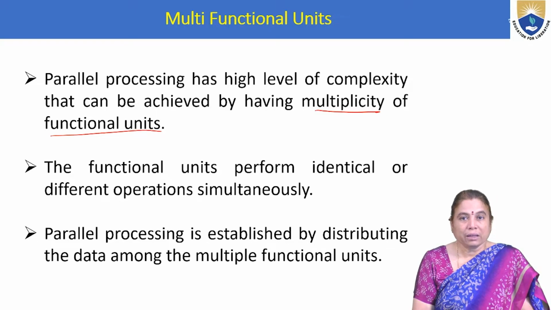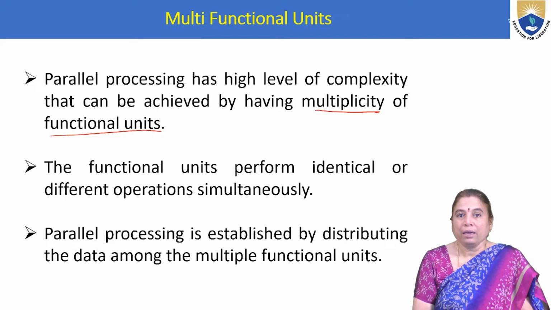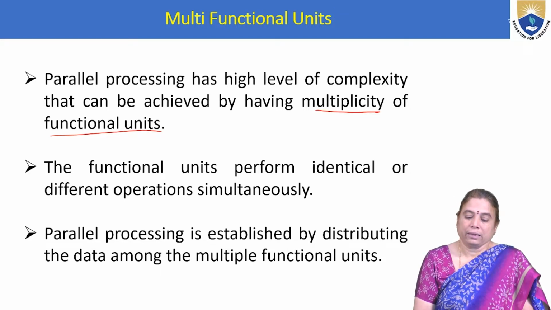To increase the data processing capability and to support more computational capability, a multiplicity of functional units can be designed in the computer architecture. Each functional unit can perform identical or different operations simultaneously. So, parallel processing is established by distributing the data among the multiple functional units.